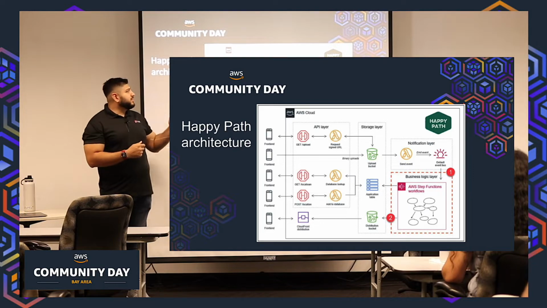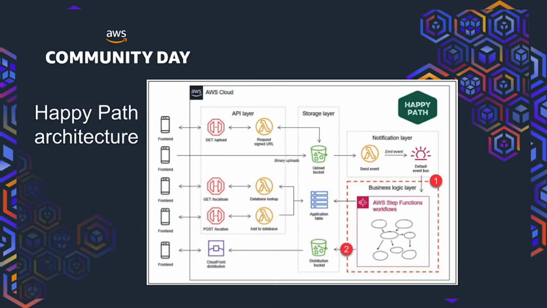You're uploading images straight into an S3 bucket, maybe using a Lambda function, a serverless function. Once you upload the image, you might do some business logic, where maybe it's a meme, you put some text on it, and then showcase it back out to another user. Pretty simple architecture.